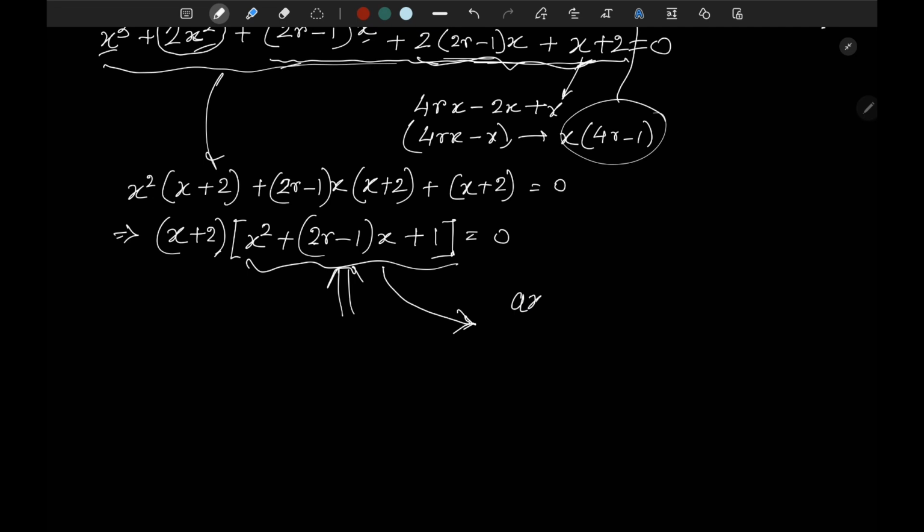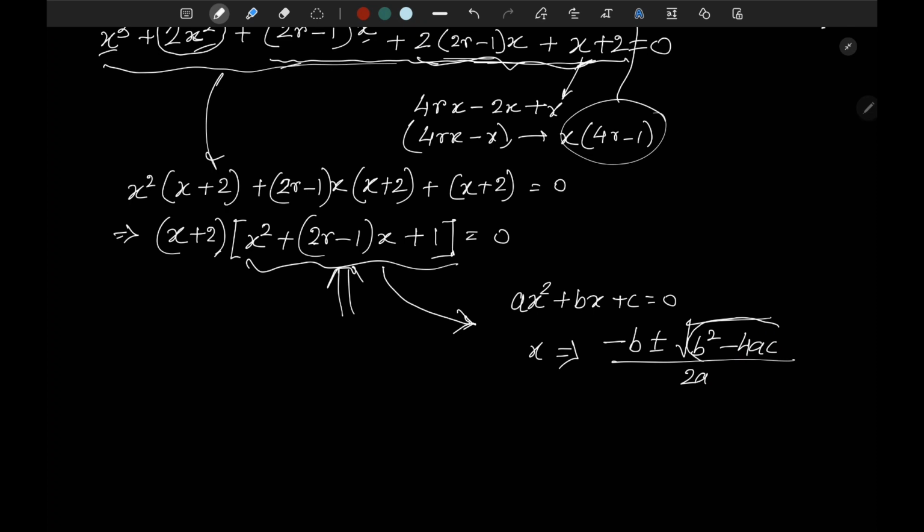What we said is that if ax square plus bx plus c is your quadratic equation, then your roots become minus b plus minus root b square minus 4ac by 2a, and on the nature of this b square minus 4ac depends the nature of your roots, if the roots will become real or imaginary.